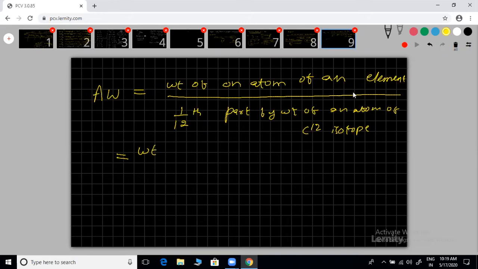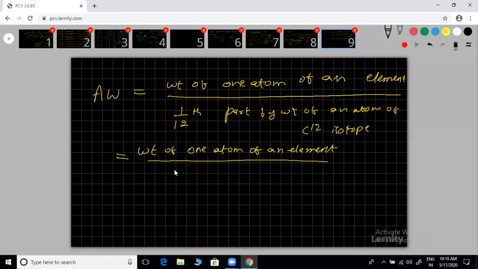Write the same as the sentence above. Weight of one atom of an element divided by 1/12th part by weight of one atom of carbon.